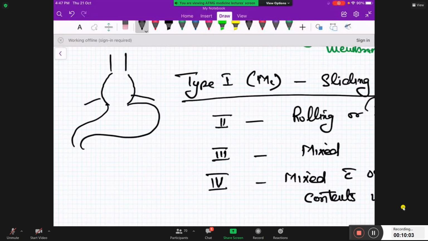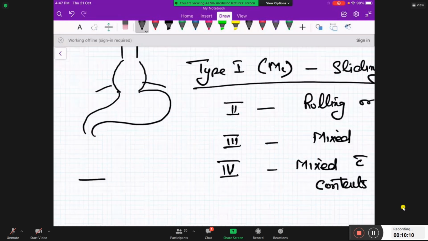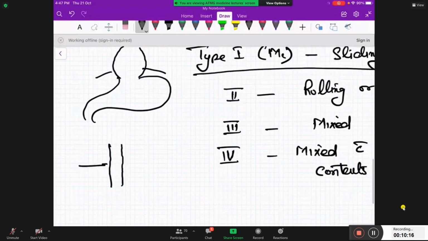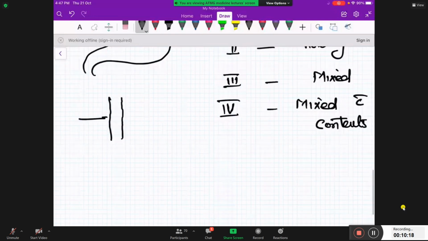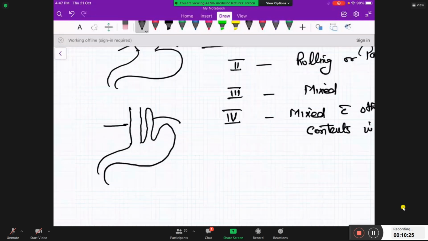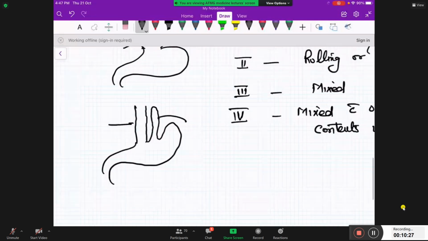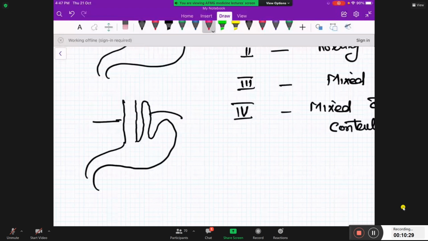In the sliding type, the lower end of the esophagus is in the thorax, while in a rolling type of hiatus hernia, the lower end of the esophagus is in the abdomen, but part of the stomach is in the thorax. And there was a question asked: which part of the stomach most commonly goes into the thorax in rolling type of hiatus hernia?